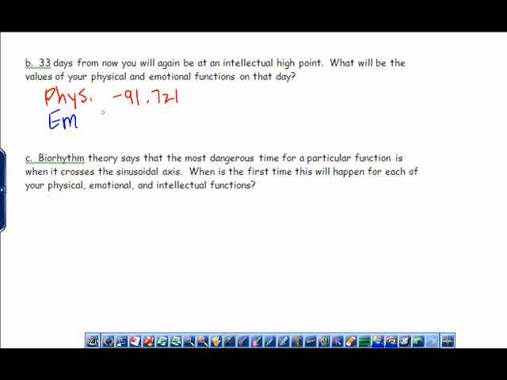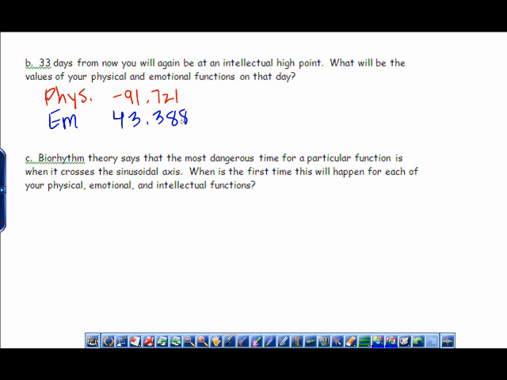So my emotional is going to be 43.388. Okay. And then you could do that for any other day that you wanted to. So notice that really good intellectually, doing pretty bad physically, and I guess so-so emotionally.